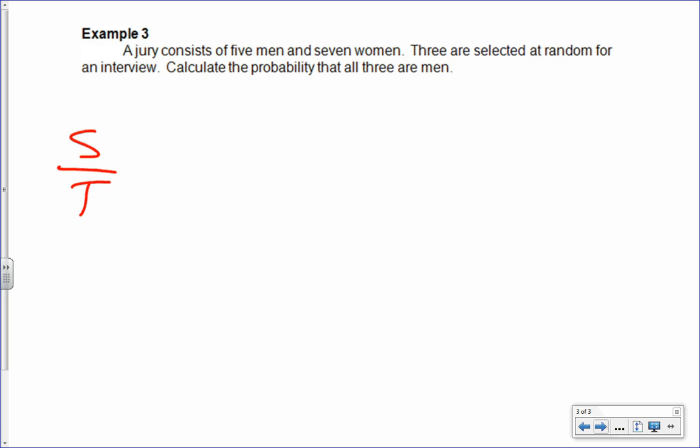Now, does it say on here that I care what order those people come out in? So combination or permutation? Combination. So for our total, we are choosing 3 people in all, correct? Out of how many? 12, right?